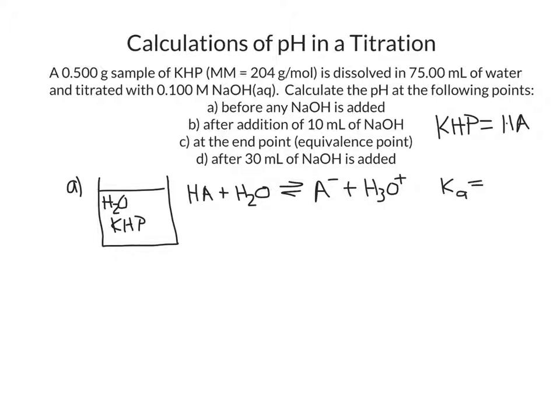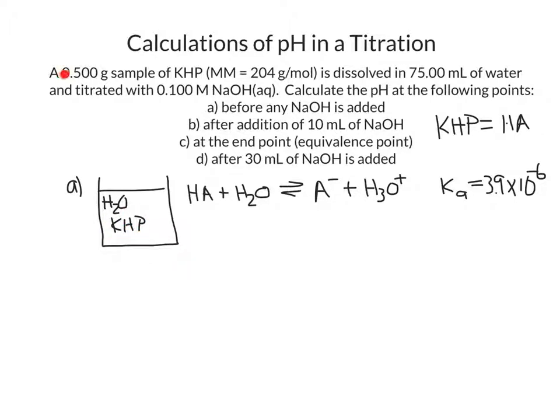We can look up the Ka value and we'll find that it's equal to 3.9 times 10 to the minus 6.